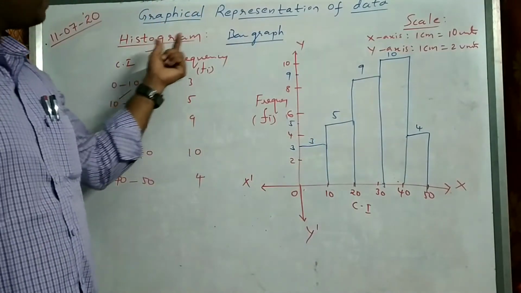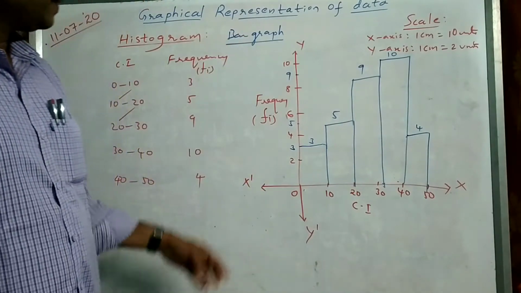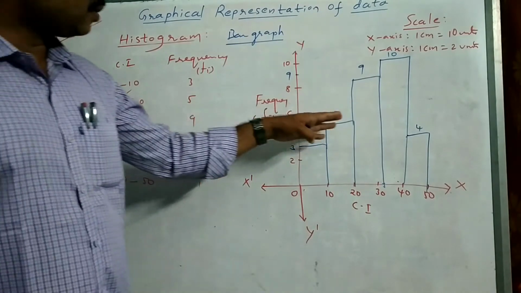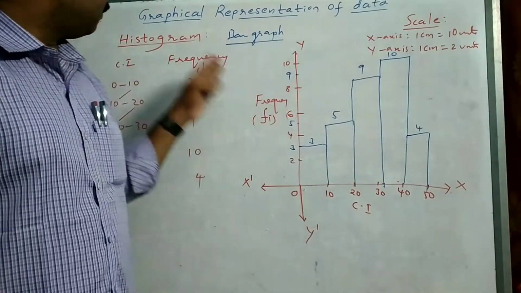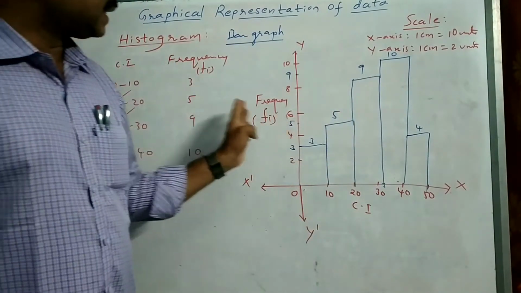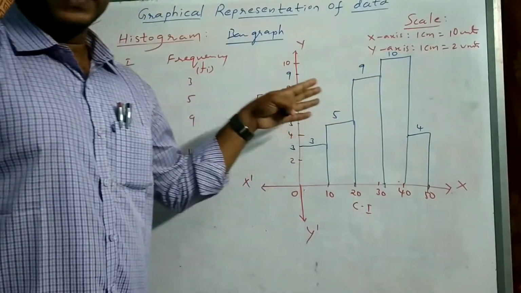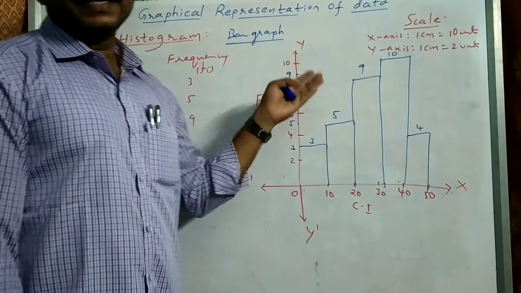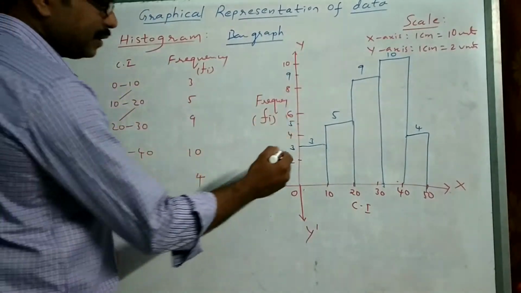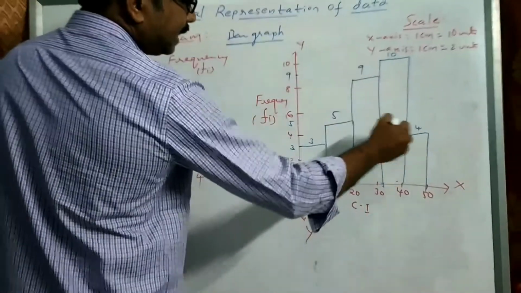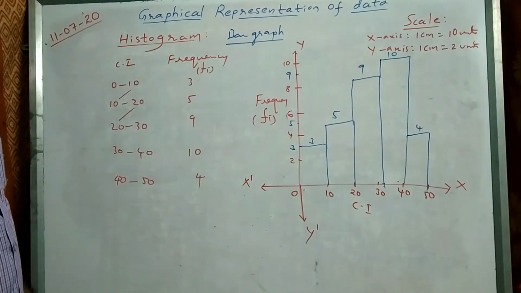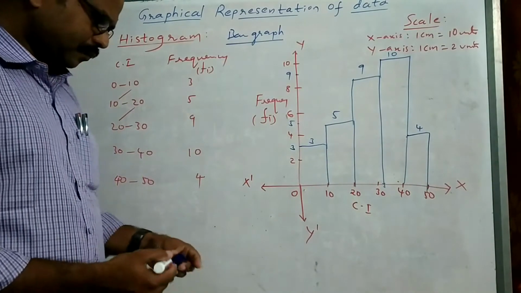This histogram or bar graph can be horizontally or vertically. This is called vertical bar graph, vertical histogram. This can be horizontally also. 2 types of bar graphs are there, vertical bar graphs and horizontal bar graphs. You can take like this also. That is called horizontal bar graphs. Okay. This is called histogram.